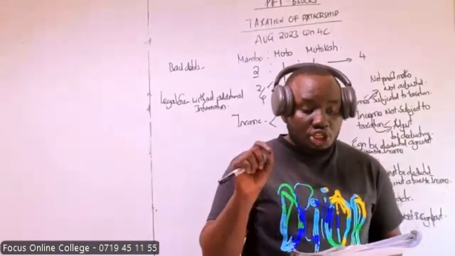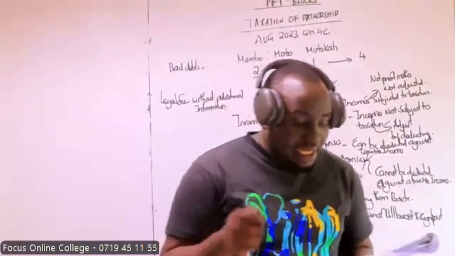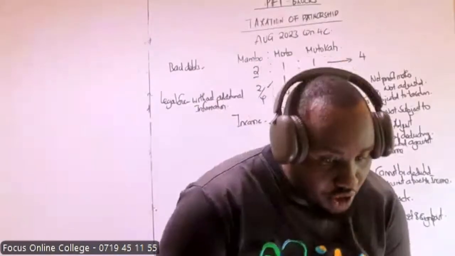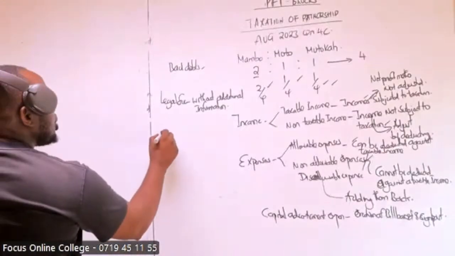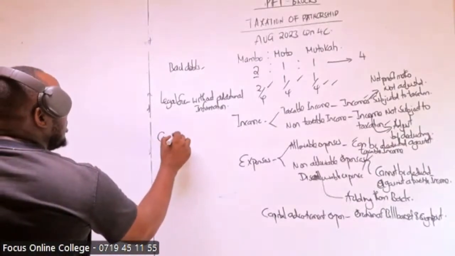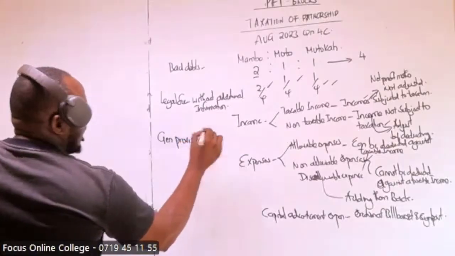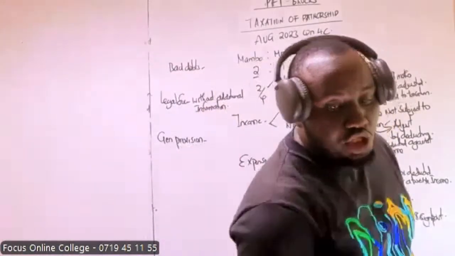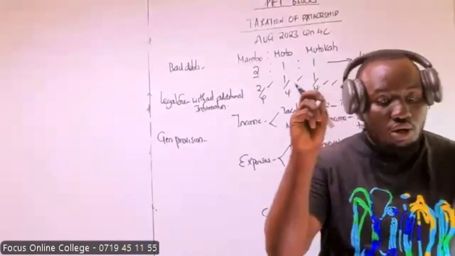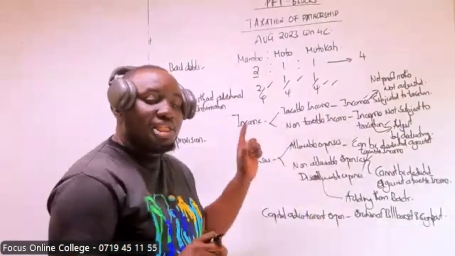We proceed to additional information number 3. The examiner tells us that bad debt represents a general provision. If bad debt represents a general provision, in tax we only allow a specific provision.